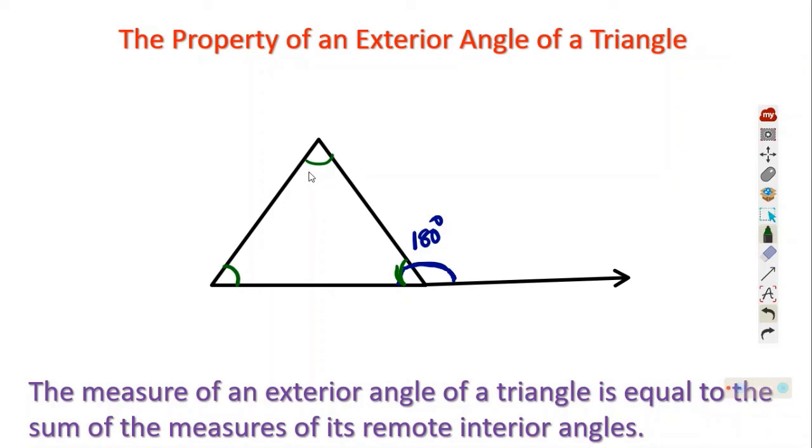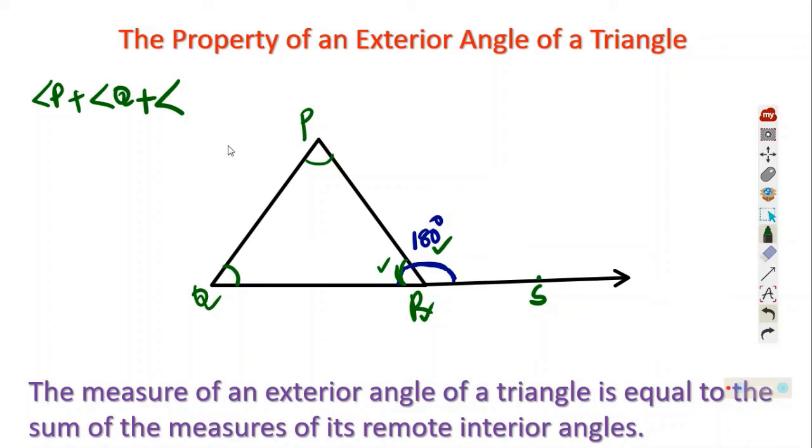Correct? So let me name this triangle P, Q, R and denote this extension as S. So I am forced to write angle P plus angle Q plus angle R, this one. Here is an interior angle also, an exterior angle also. So I will write angle PRQ. तो अंदर का हो जाएगा is equal to 180 degrees.